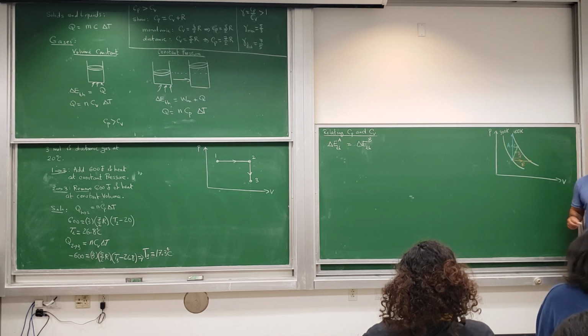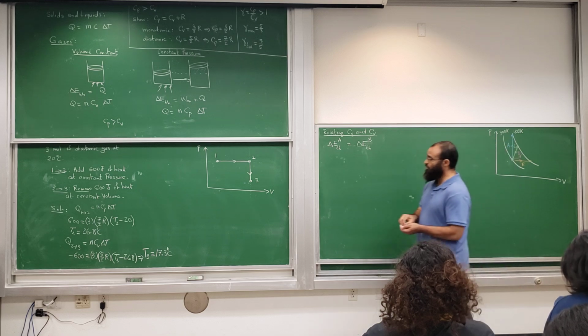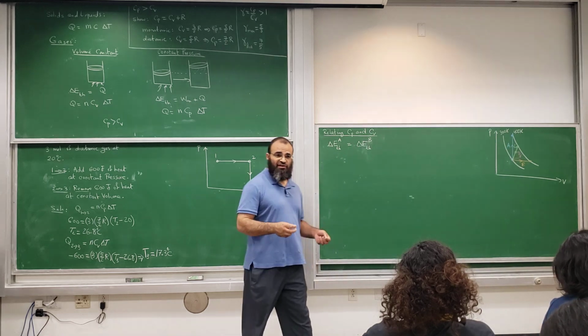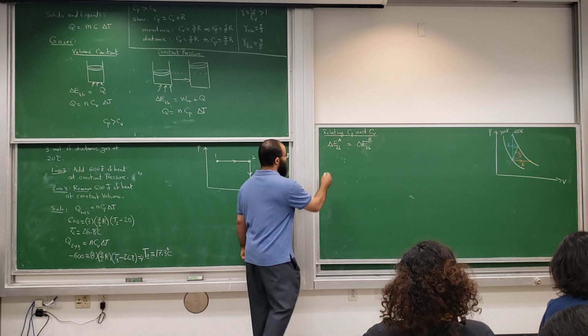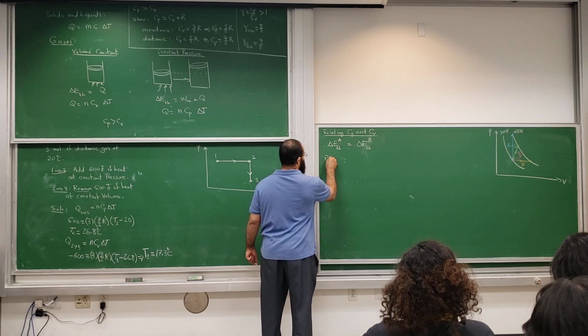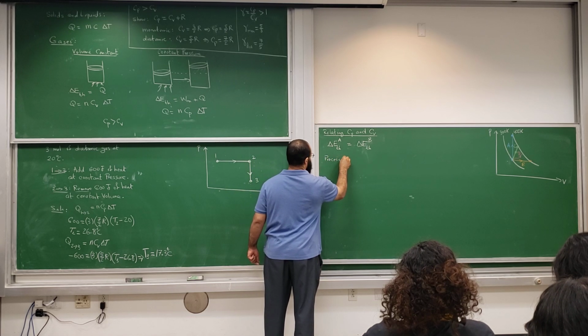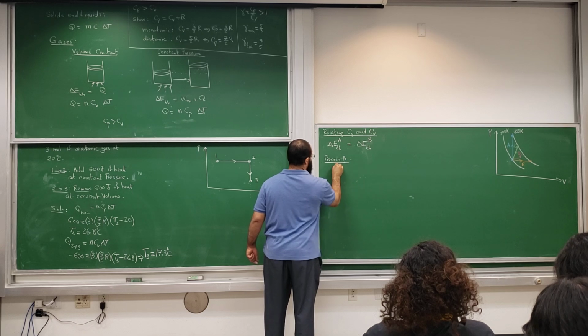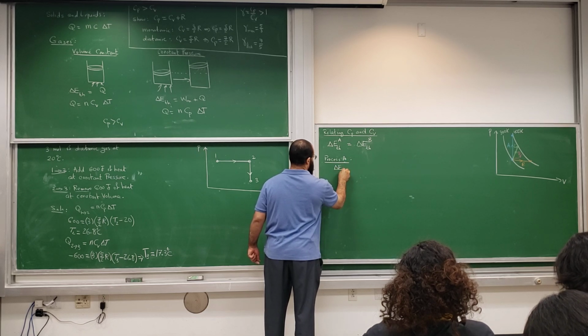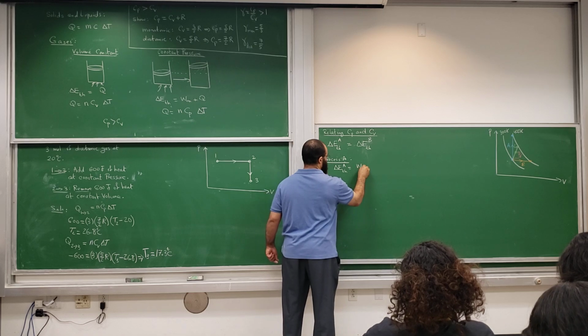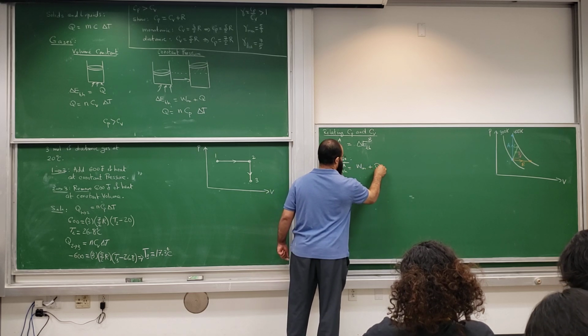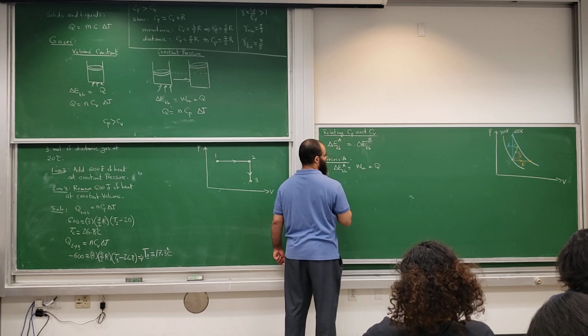That's the first one. Next, we're going to look at each process separately, and then we're going to set them equal and see what happens. So for process A, the change in thermal energy is equal to the work done on the gas plus Q, but the work done in process A is what?